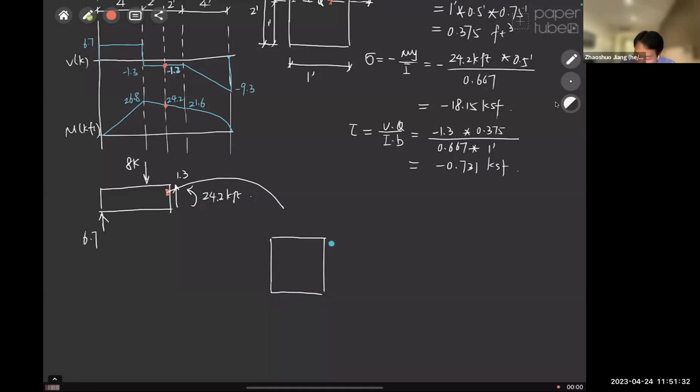It's negative, that means it is categorized as such. The normal stress is negative 18.15, which means it's pointing toward the center of the cube. So that's 18.15.